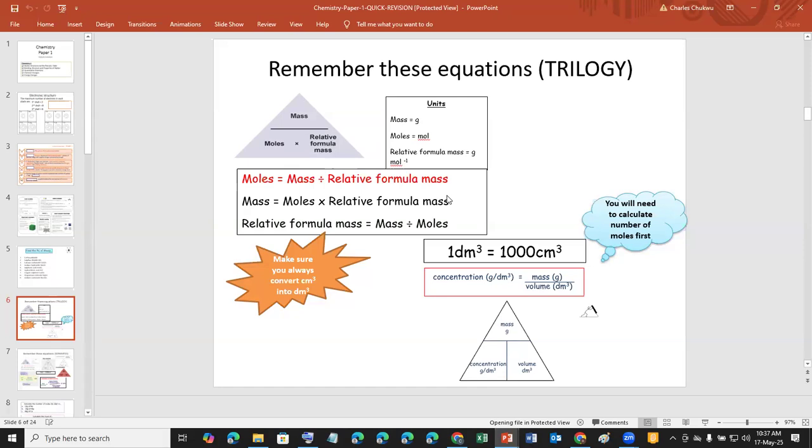I'm not sure we've seen more questions that require use of this. I'm not sure if we've done paper 2, but in paper 2 we may see them. But the number of moles is usually equal to mass over atomic mass, or in this case, relative formula mass, as the case may be.